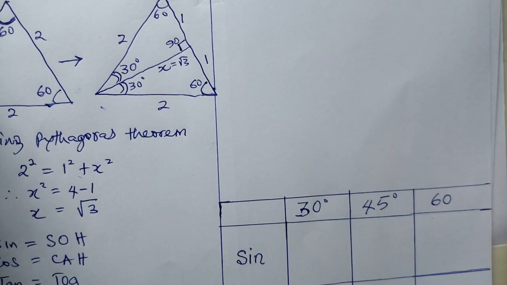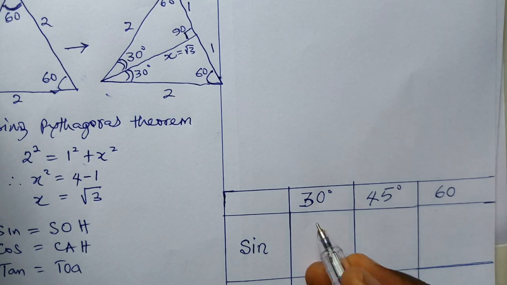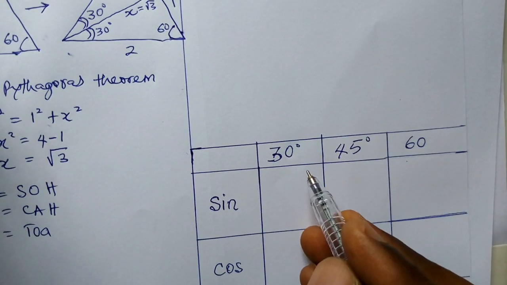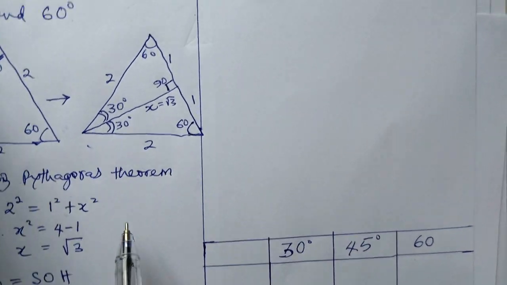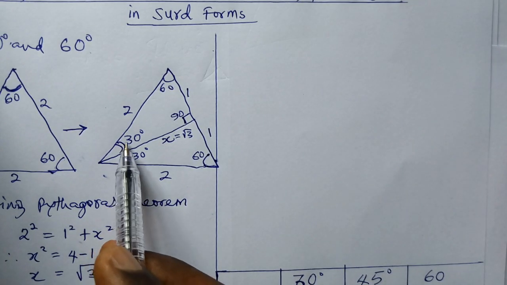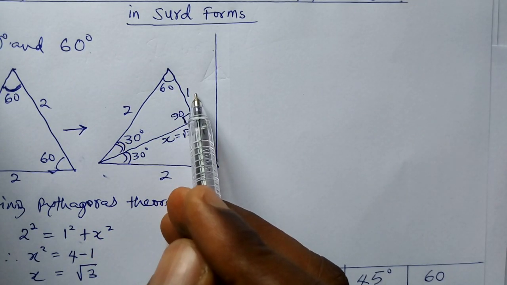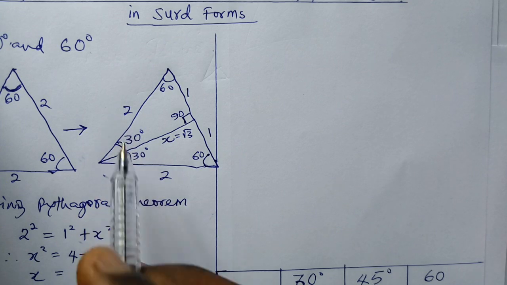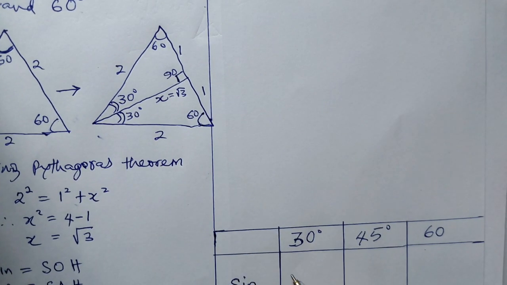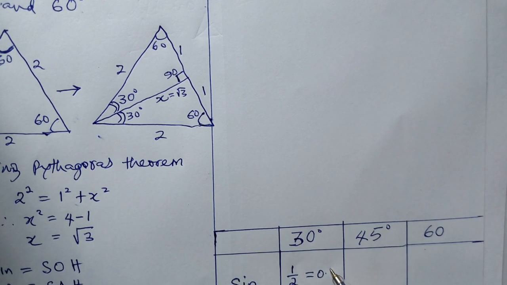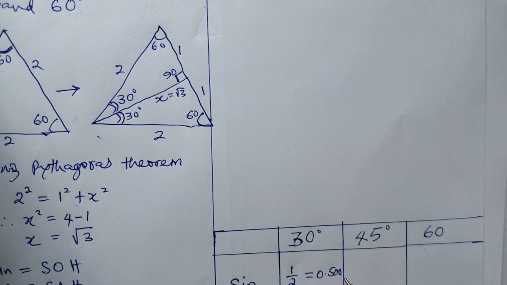So sine 30 in this case: the opposite is 1 and the hypotenuse is 2. So you write 1 over 2, and 1 over 2 is 0.5, if you like, 0.5000.